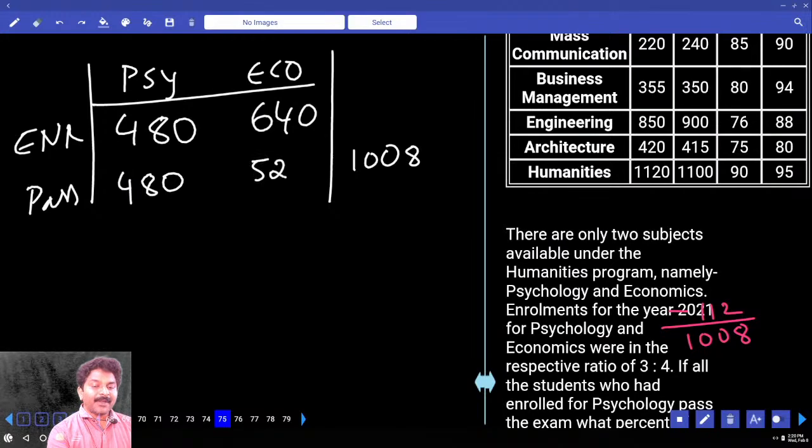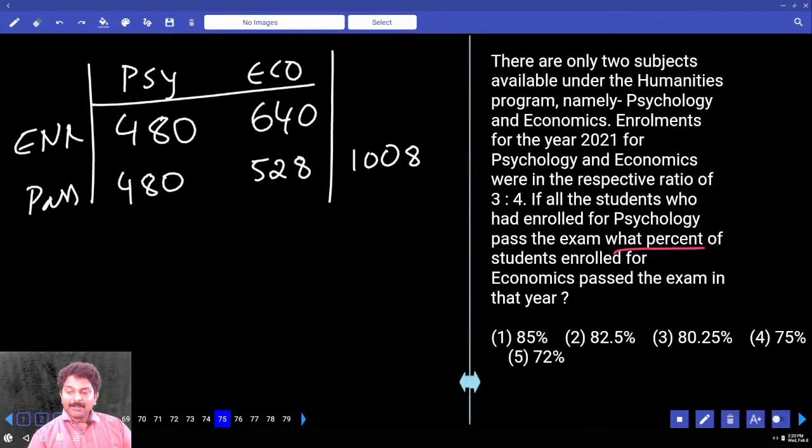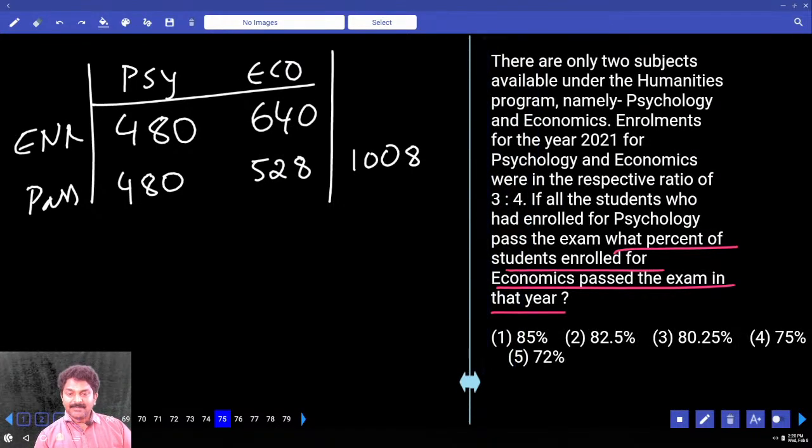Remaining 528 people must pass the exam. Now the question is, what percent of students enrolled for economics passed in that year? All the students enrolled for psychology.